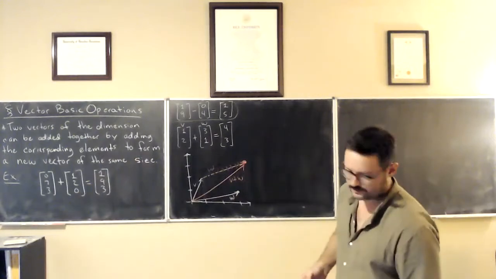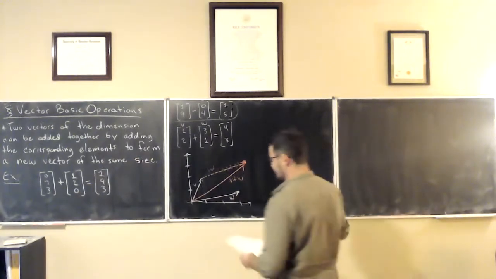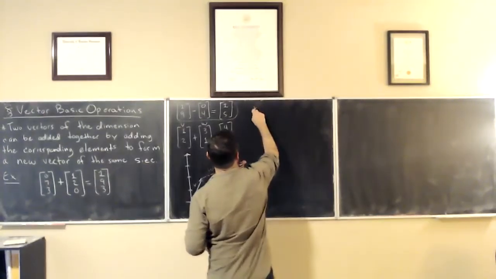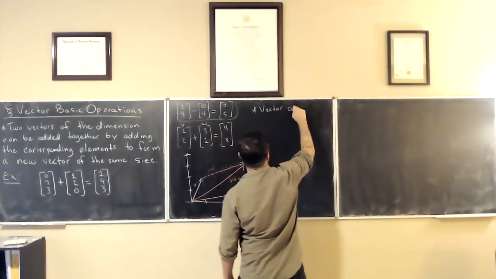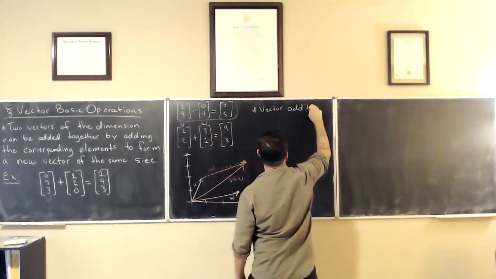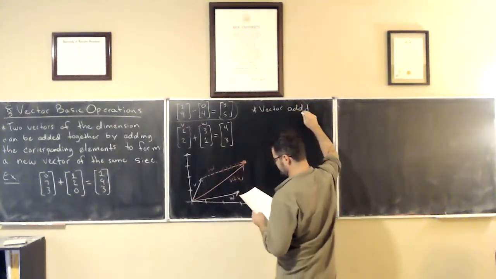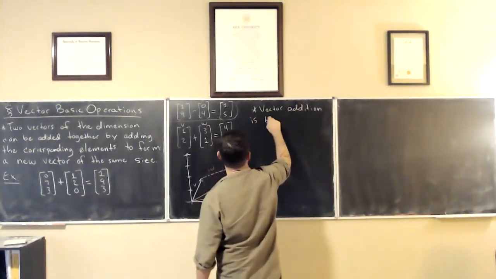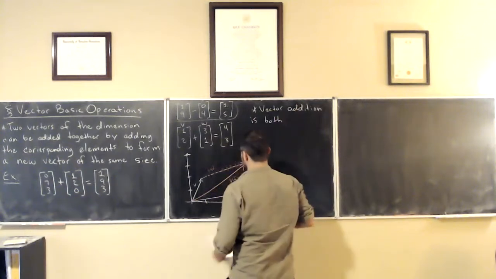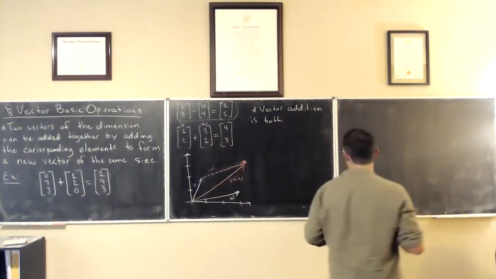Okay, so what are the properties of vector addition? Vector addition is both commutative and associative.